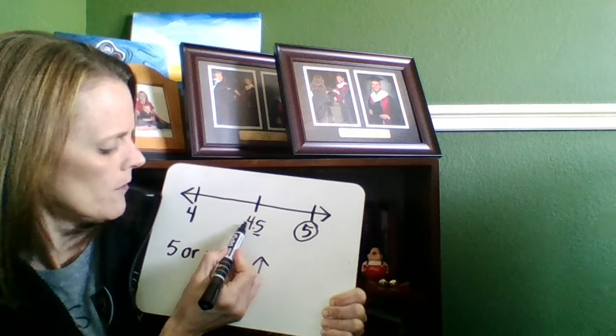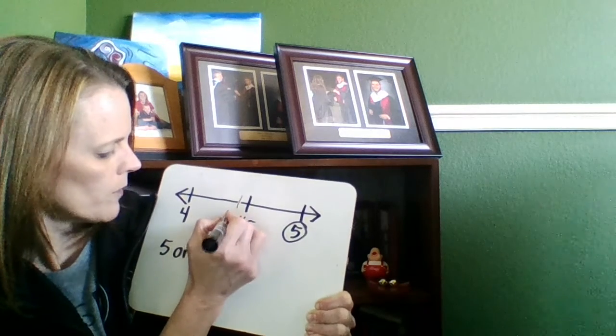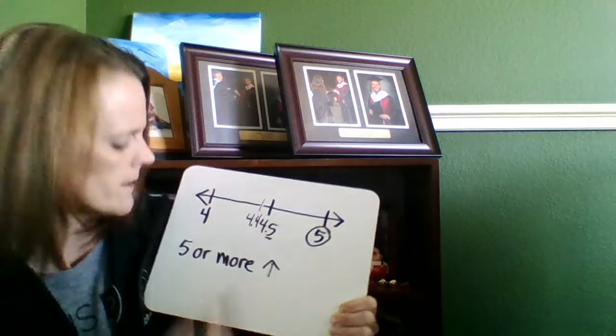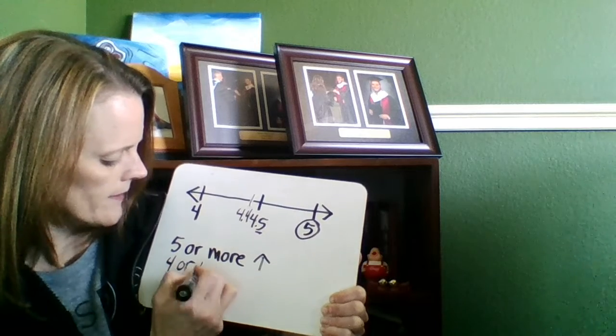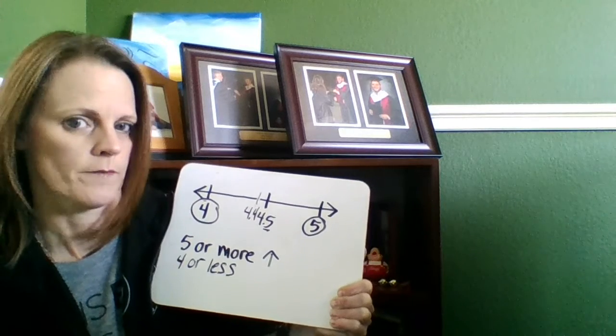But if it is below the halfway point, so like let's say if it was 4.4, 4 4/10, if it was 4 or less, it's going to just stay at a 4.